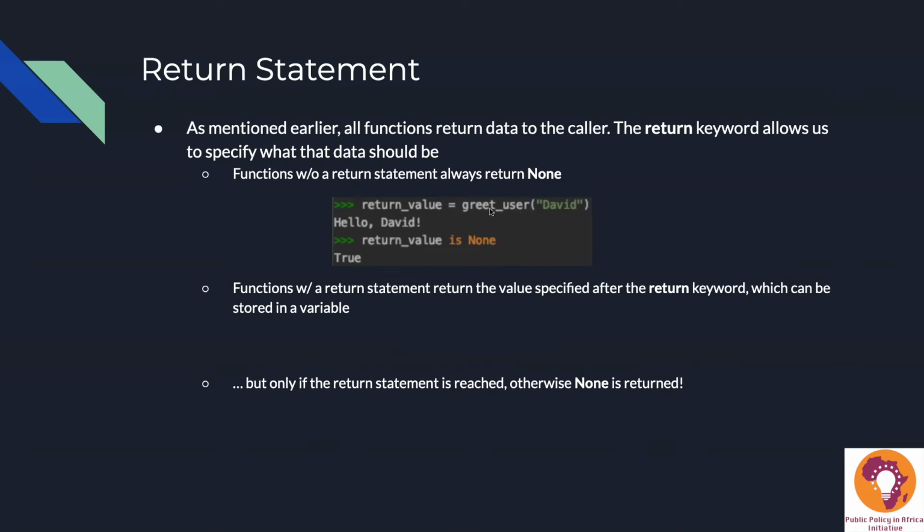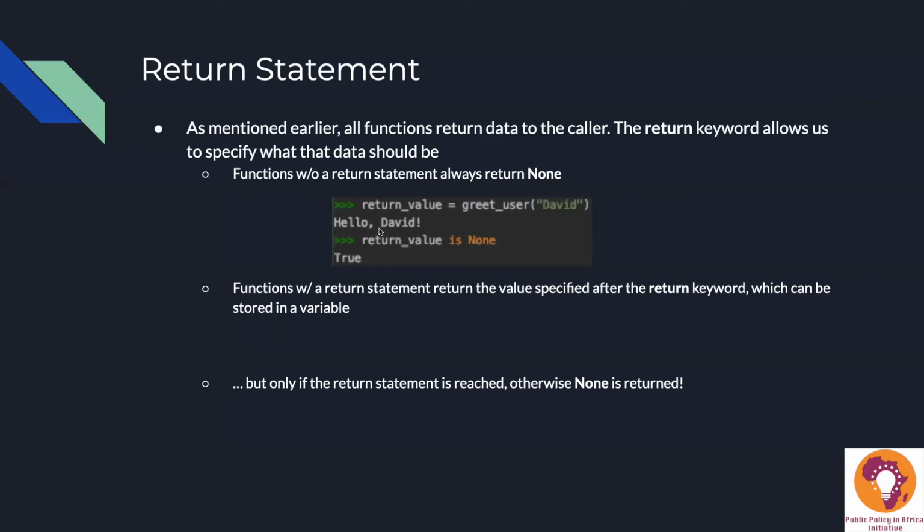So in this particular case, I call greetUser, and the return value is what I set it equal to. So whatever is returned from greetUser will now be stored in my return_value variable.